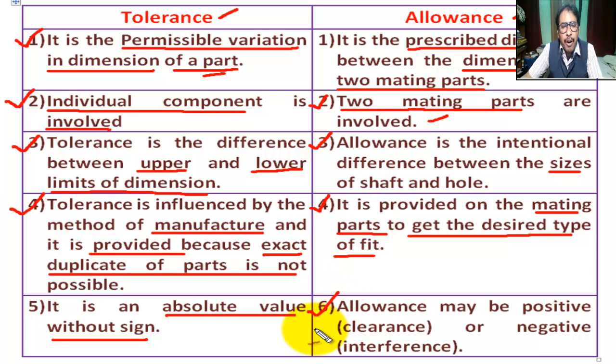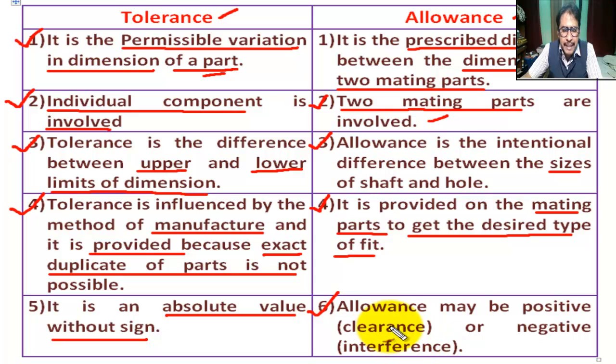Number 6, for allowance. Allowance may be positive for clearance fit or negative for interference fit.